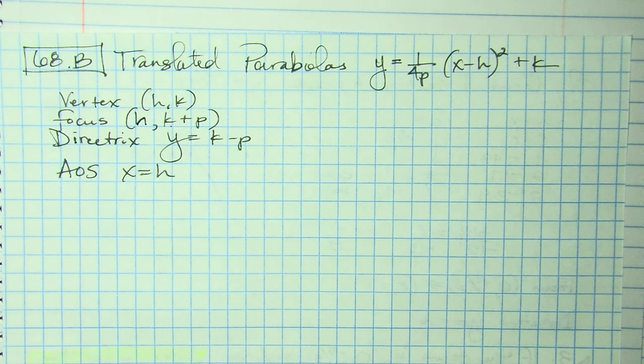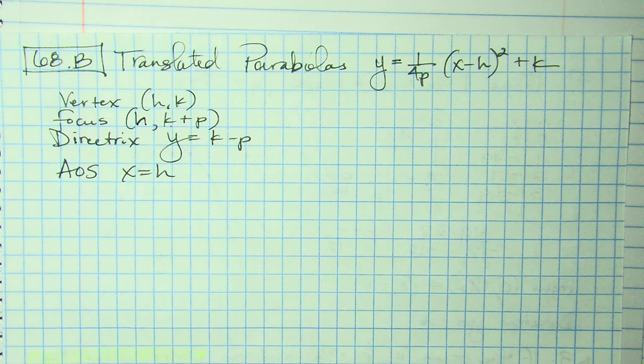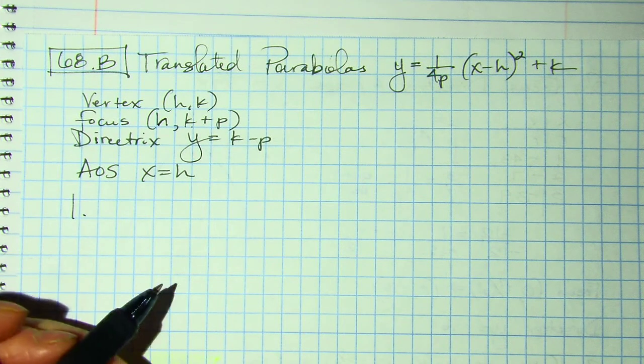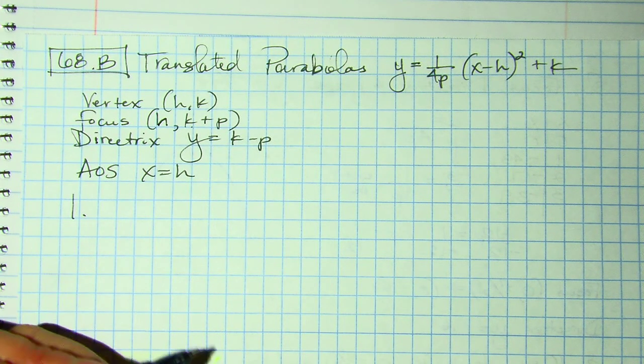But honestly, you guys, you can use Desmos, do the graph, but you'll have to find the focus and directrix by hand. So let's do number 1. We are going to, where's the problem?